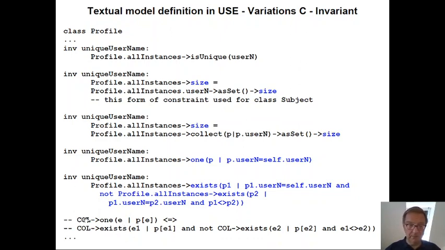So when you have a collection and you state one element such that the property P holds for the element E, this is equivalent to: there exists an element E1 such that the property P holds for E1, and it does not exist a second element E2 such that the property holds and the element E1 is different from E2.